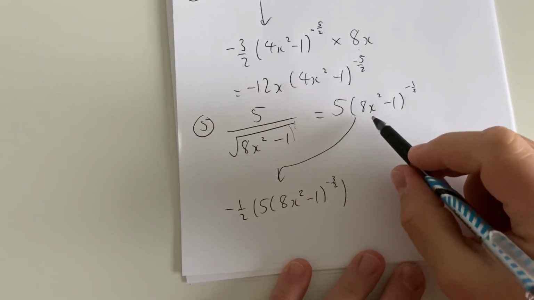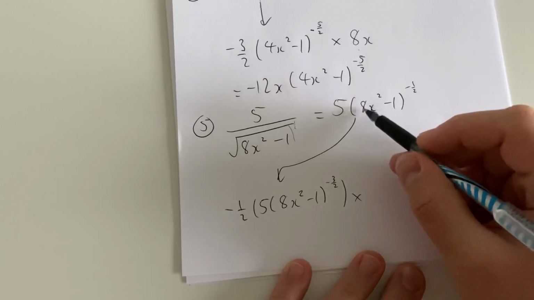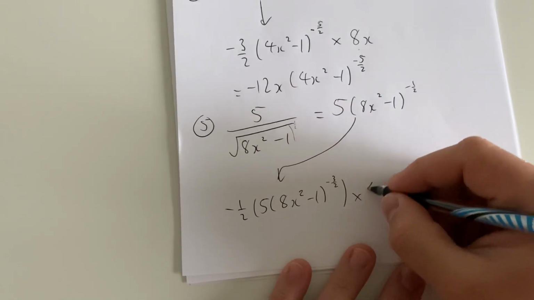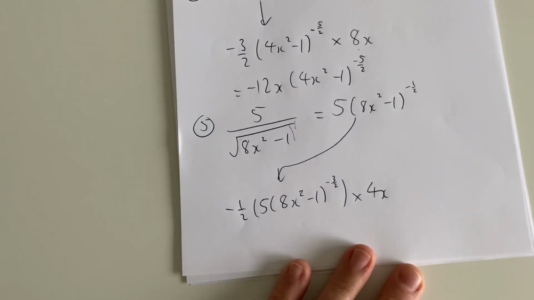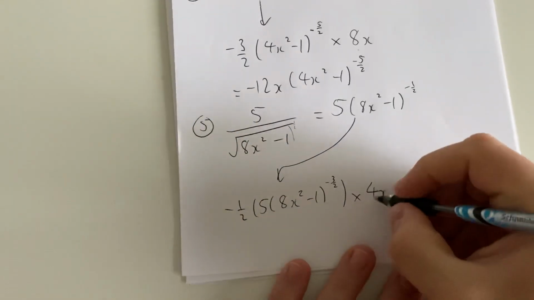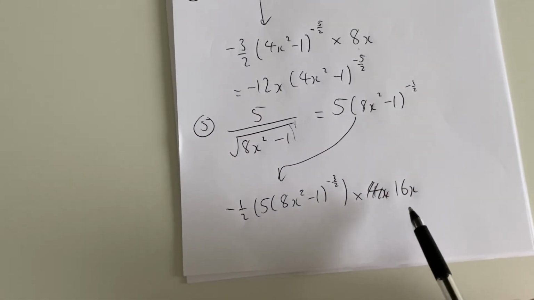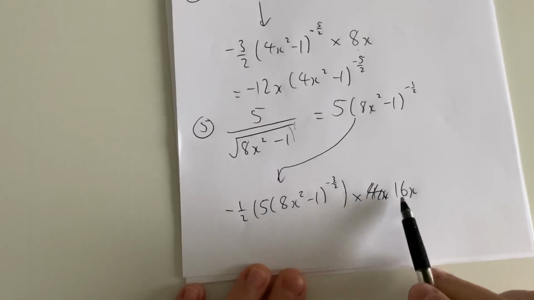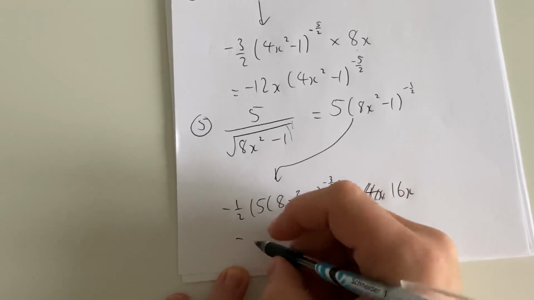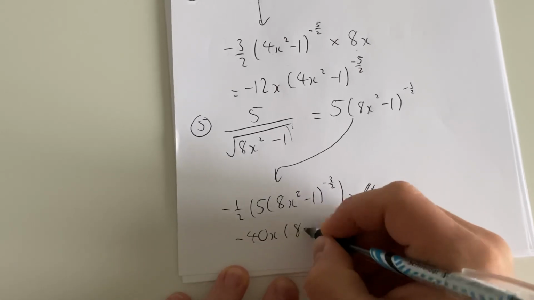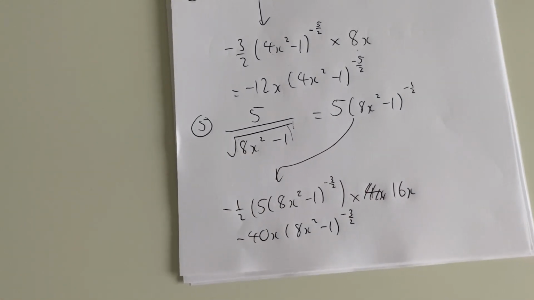And then you've got to multiply by the differential of this, which would be 16x. Being daft there. So then if we multiply, put this all together, minus a half times 16x would be minus 8 times by 5 is minus 40x, 8x squared minus 1 to the minus 3 over 2.